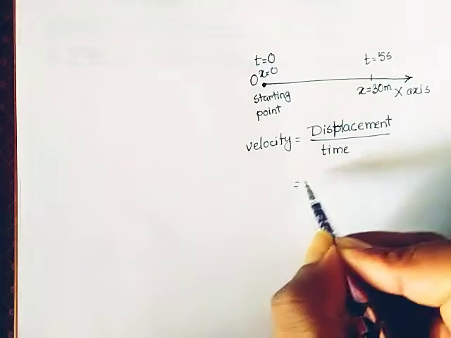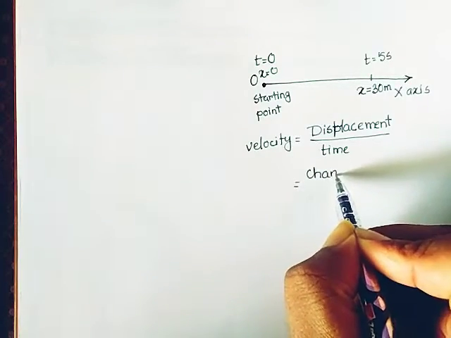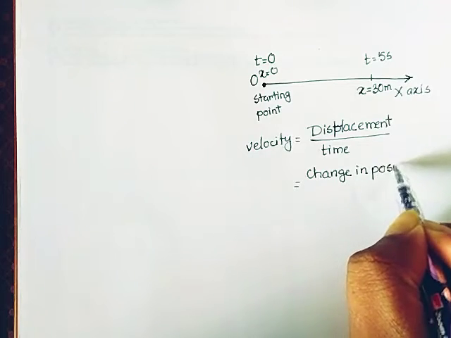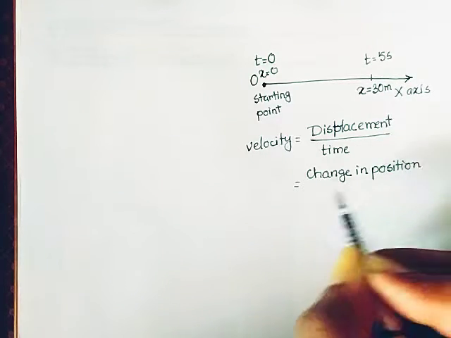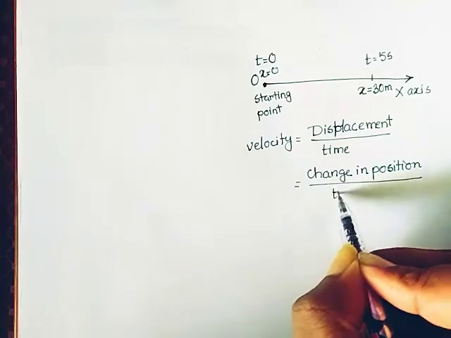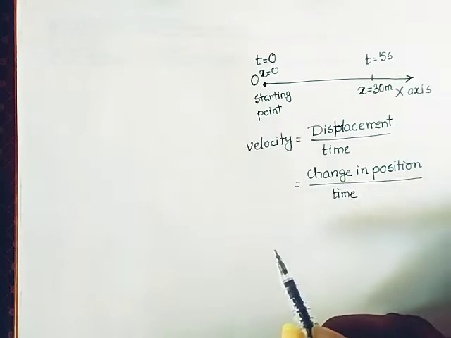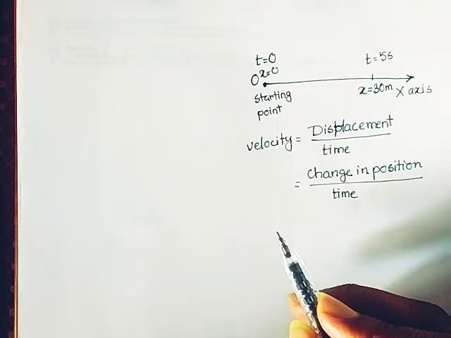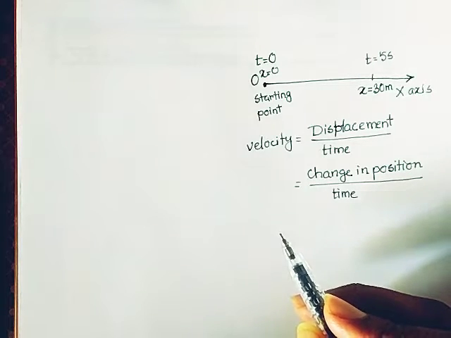Displacement is defined as change in position divided by time. So velocity basically tells us how the position changes with the time and in which direction.